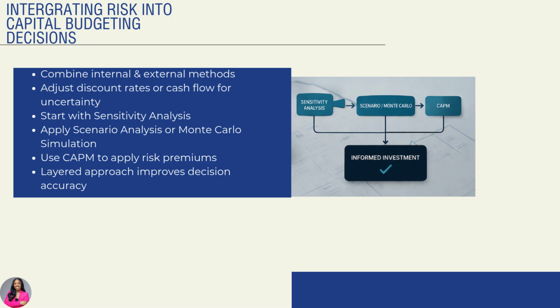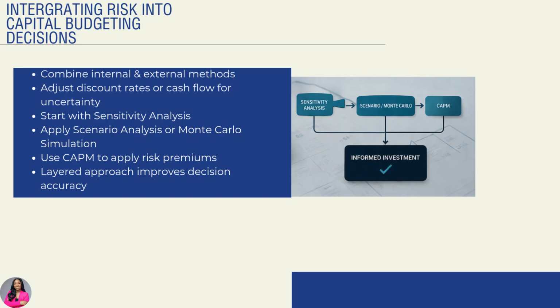Finally, integrating risk into capital budgeting involves combining both internal and external evaluation methods. Typically, the process begins with sensitivity analysis to identify the most critical variables. Then, tools like scenario analysis or Monte Carlo simulation are used to explore possible outcomes.